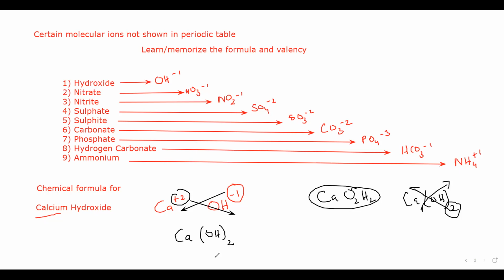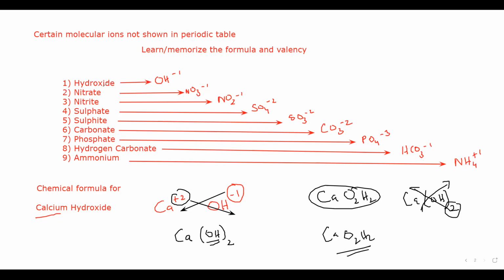So what's the reason of putting the brackets? The reason of putting a bracket is, for example, if I write like this CaO2 and H2, you may not be able to recognize that it is hydroxide. But when you see Ca(OH)2 in a bracket, from this OH you can clearly identify that there was hydroxide. The only reason is to make it simple and easy to understand directly when you look at the formula.